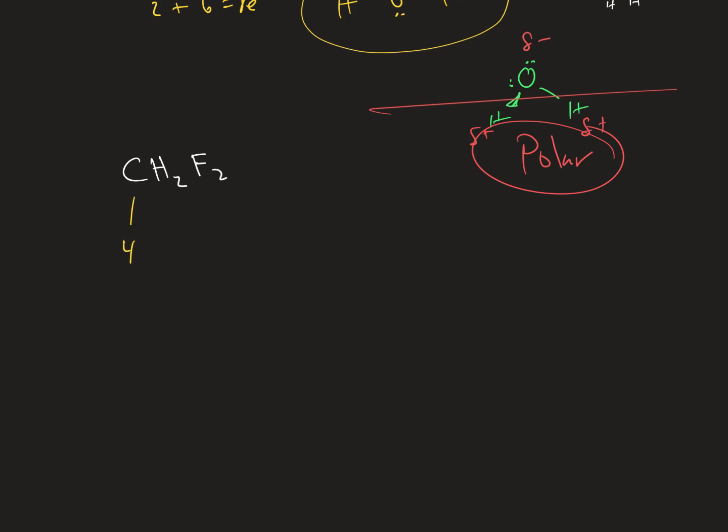We got 4 for carbon, 2 for both hydrogens, and 14 for both fluorines. I skipped some steps, but you guys follow me? Well, I didn't skip a step. I just kind of did it in my head. Are you okay with that? All right. So that's a total of 20 electrons.